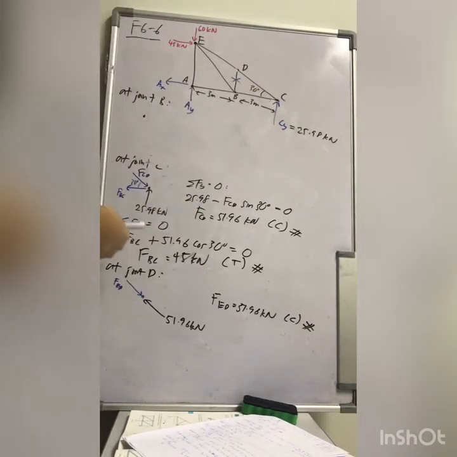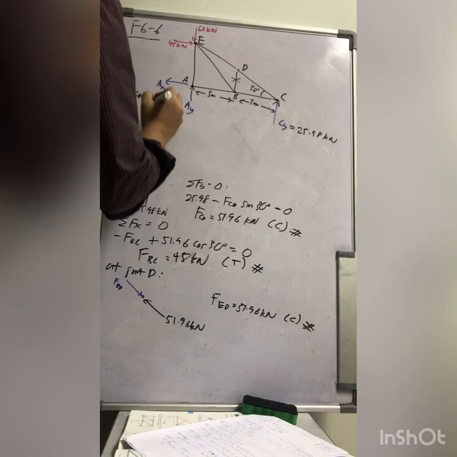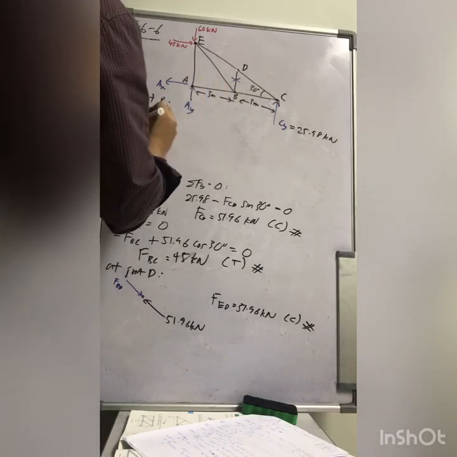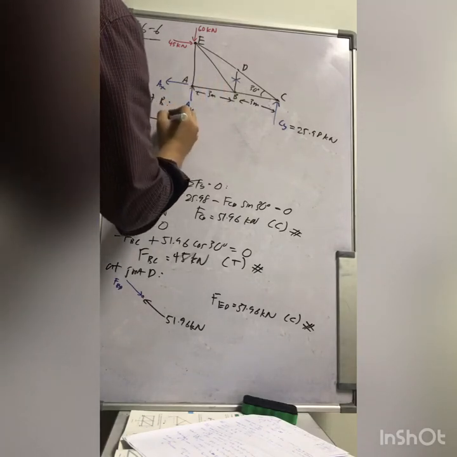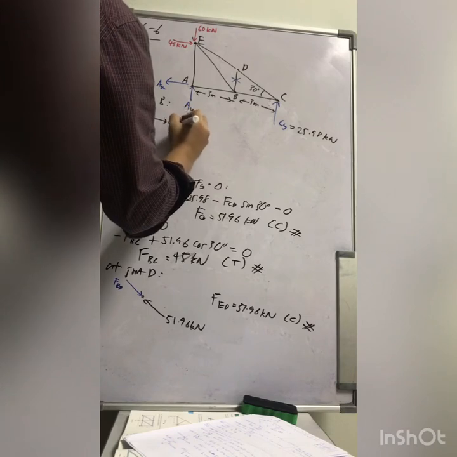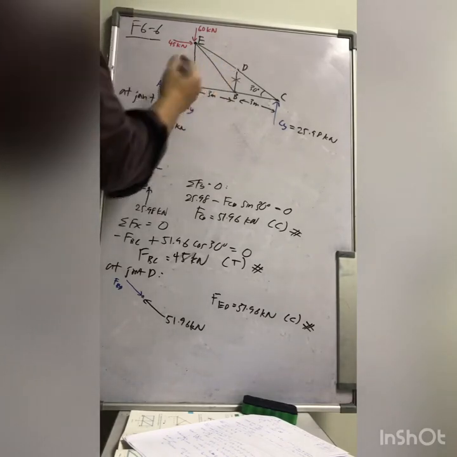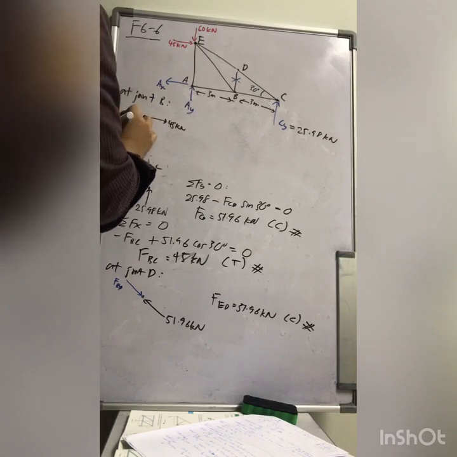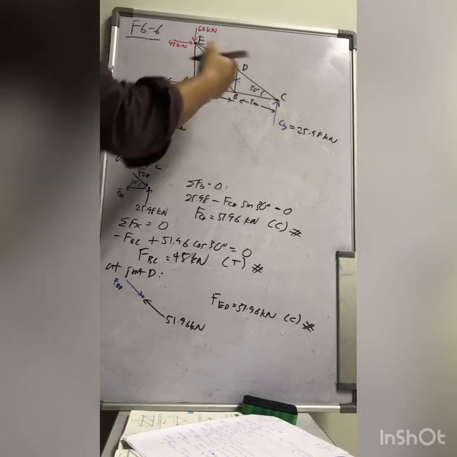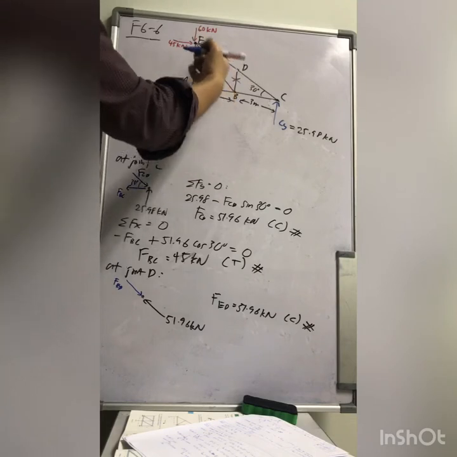You have FBC, tension. So at joint B, you have this 45 kilonewton tension going out. You don't have FBD, and of course you have FAB, and you have FBE.